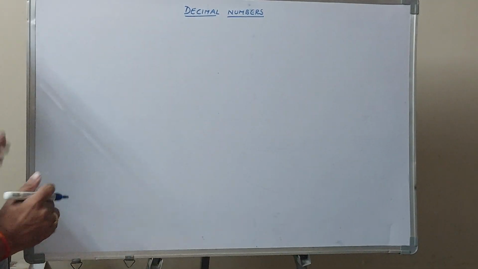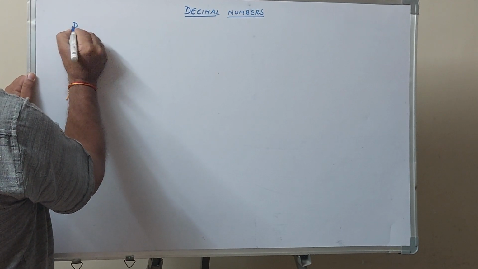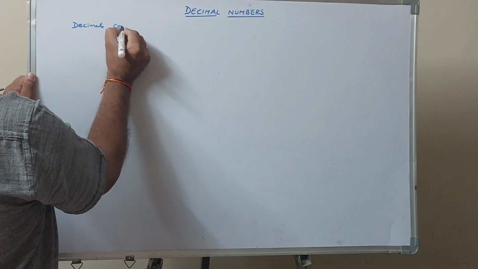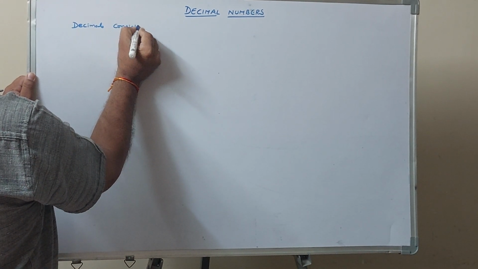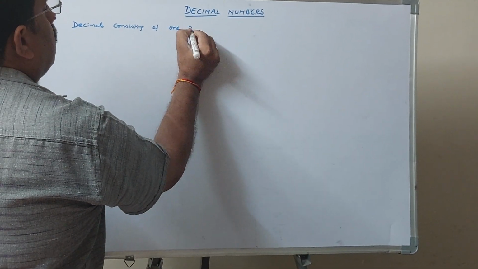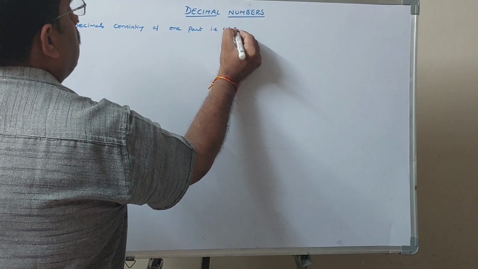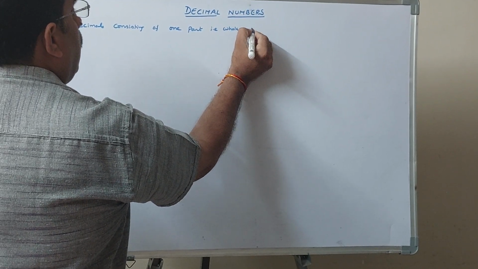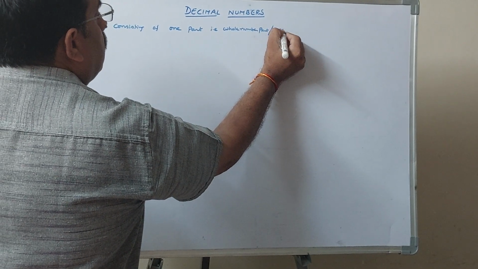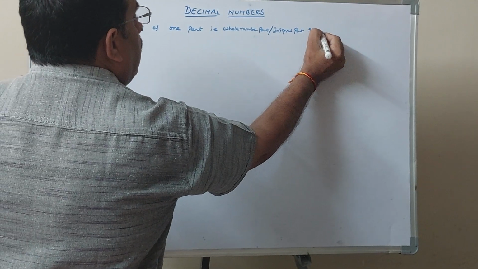Sometimes decimals consist of only one part, that is, a whole number part or integral part, or a decimal part.